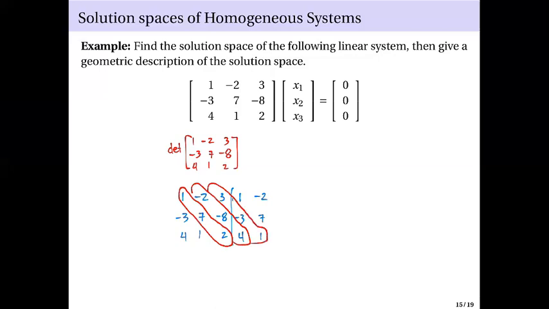Let us compute. This is 14. Negative 2 times 4, that's negative 8. Negative 8 times negative 8, that's 64. 3, negative 3, that's negative 9. And then going up.